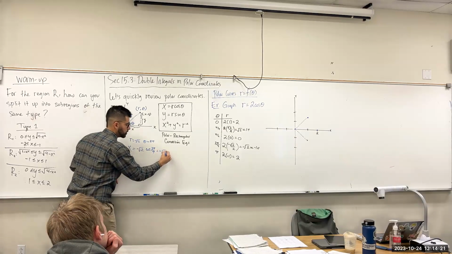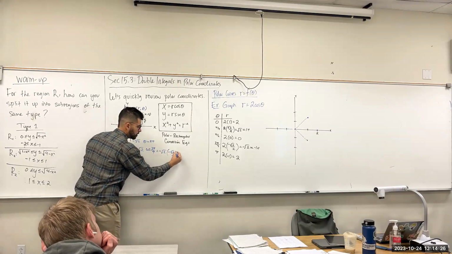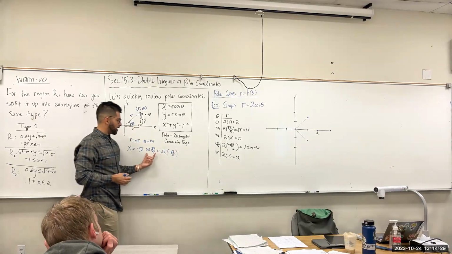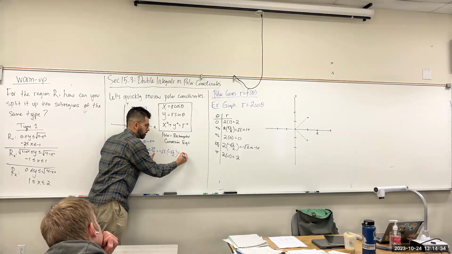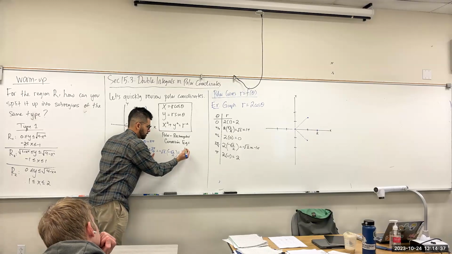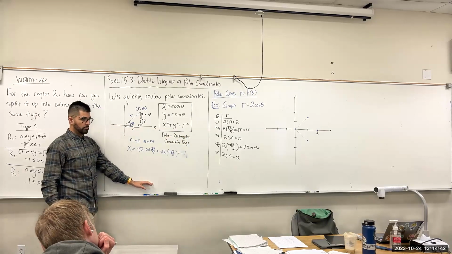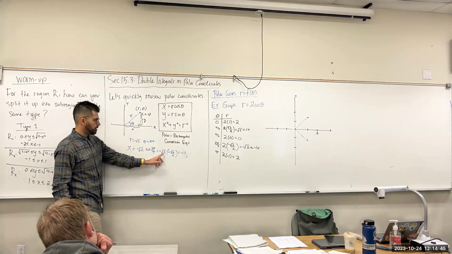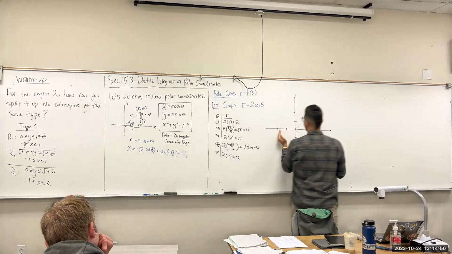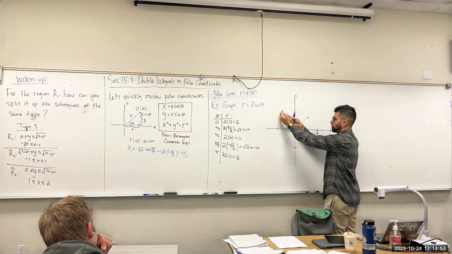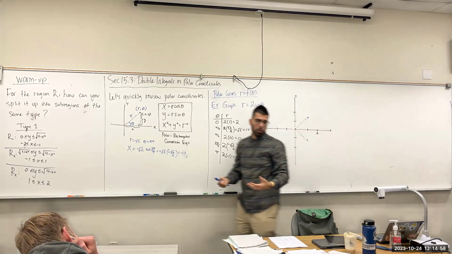That's going to be negative root 2, but since cosine is negative root 2 over 2, notice that instead of x being a negative coordinate, the fact that r is negative switches its sign, and now it's going to become positive 2 over 2. So that means that instead of being in the third quadrant, when r is negative, it actually made it go in the opposite direction. And then the same thing with y.